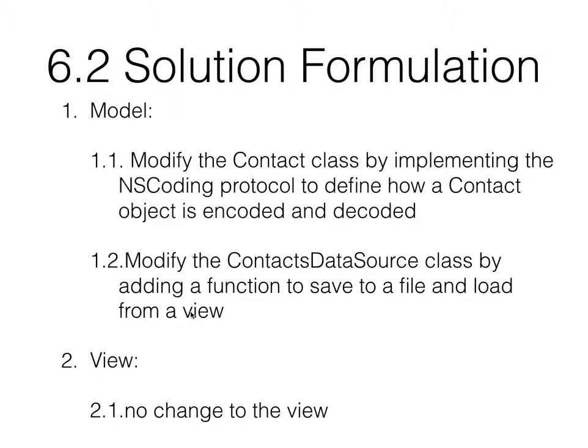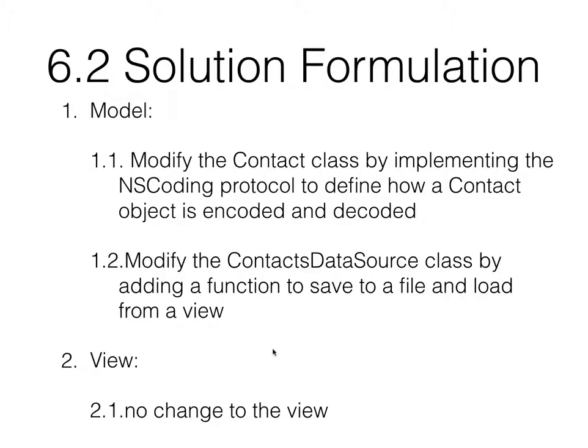And also, from what we learned before, you want to define where you should be finding that file. So we will create a function that retrieves the path to the file, a function that saves the file, and it has to check if the file is there or not, and then a function that loads the content of the file into the array.